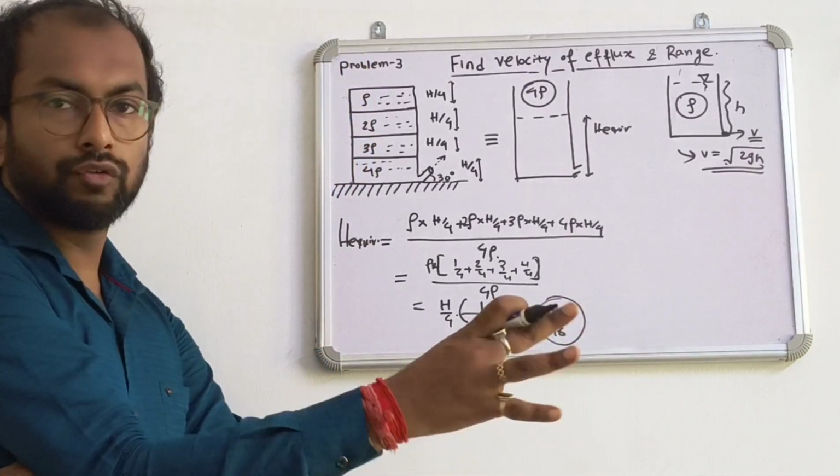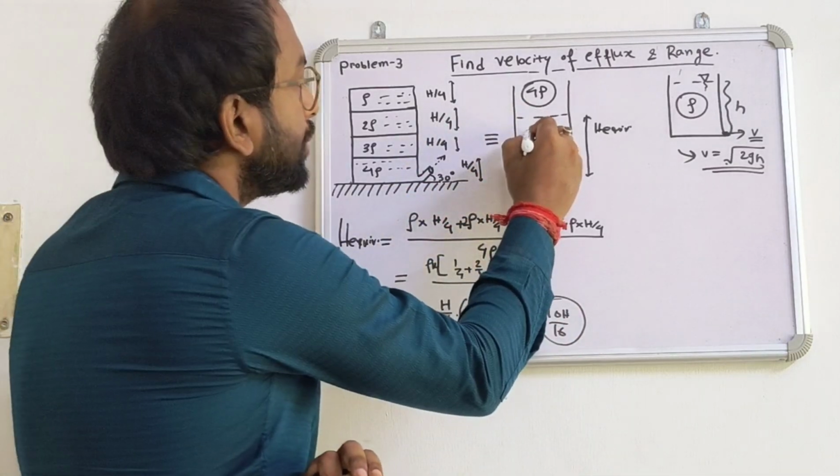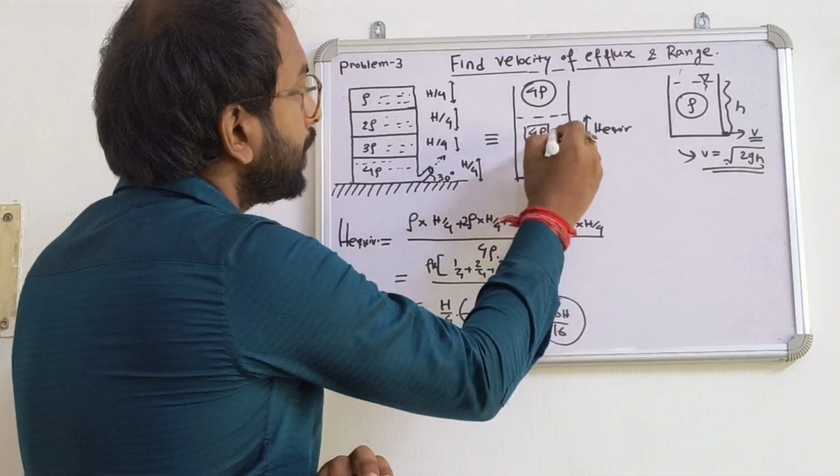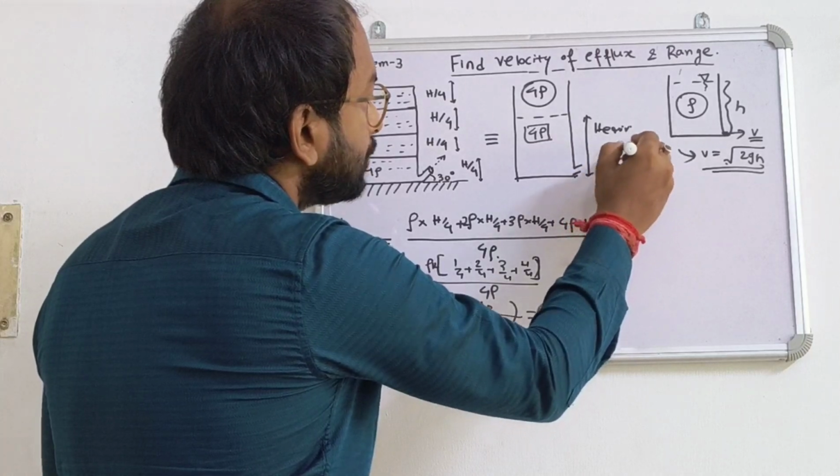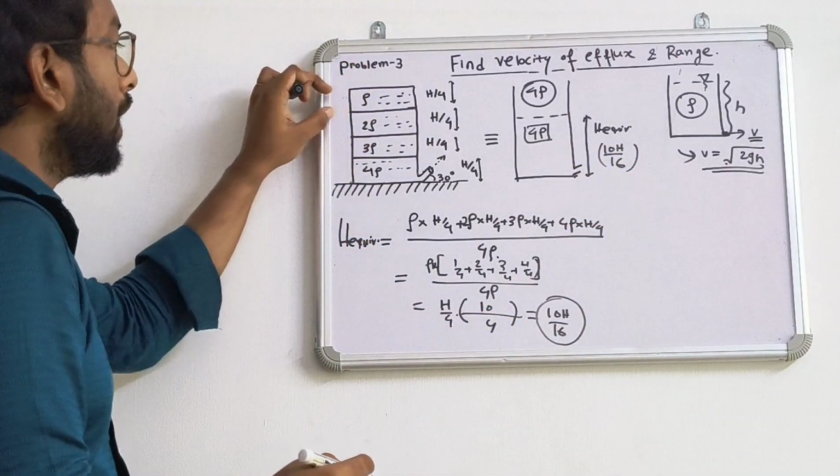Now the equivalent height of this column, which is filled with 4 rho density liquid, becomes 10h by 16. That is much less than the total height here.